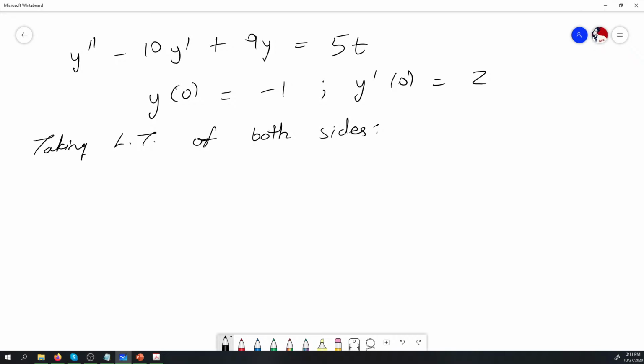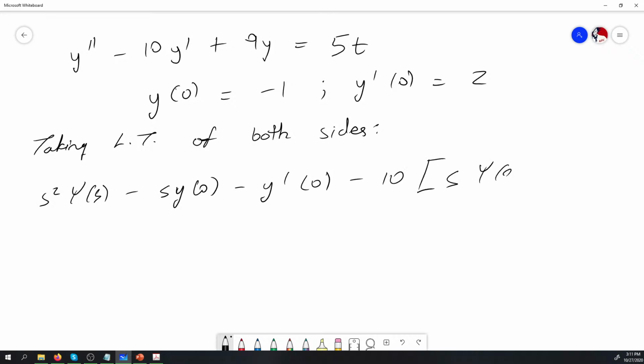So because this is a second order differential for y double prime, this is going to be s squared Y of s minus s y naught minus y prime naught, and then we have minus 10y prime here, so there's going to be minus 10 into s Y of s minus y naught, and we have plus 9y, so this is going to translate to 9Y of s, equals 5t.